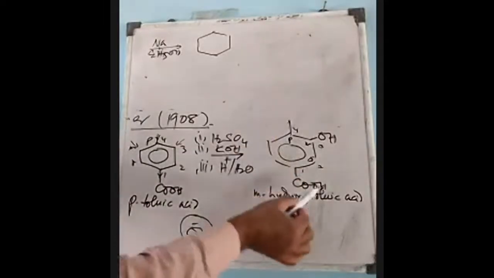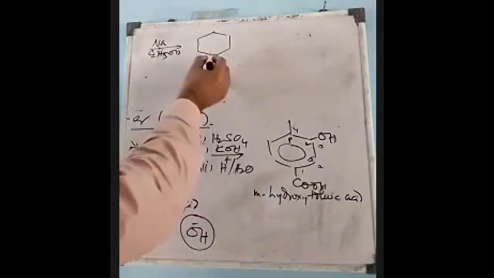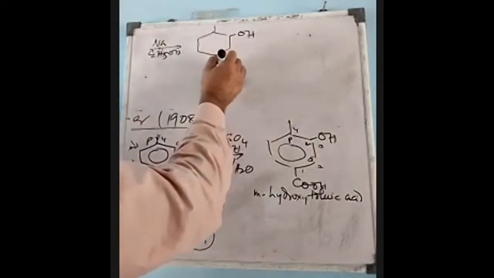It is a mild reducing agent. If you take another strong reducing agent, then the carboxylic acid will also be reduced, first to aldehyde, then into alcohol. So here, with the mild reducing agent, sodium and ethanol, only the ring is reduced, and the remaining compound remains as it is.